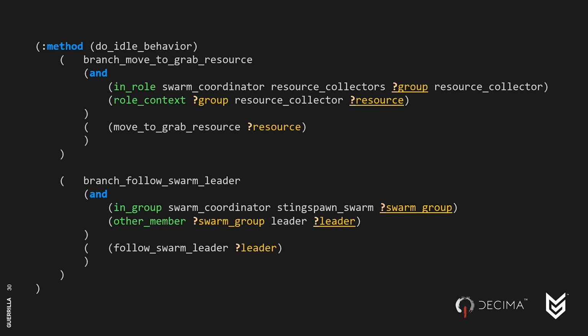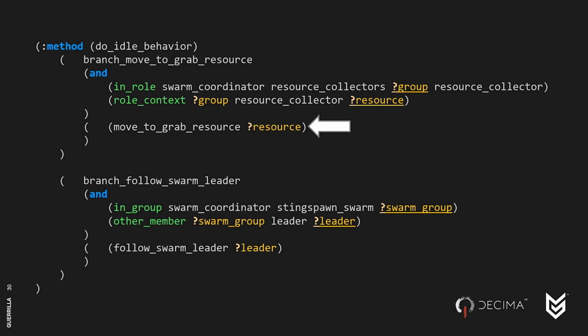On the top branch, we see our facts that we saw before, our role, which is a resource collector, and we can get the resource from the world state as well, and then pass it along to this method. Now, if a method fails to decompose, as we say, if it fails to break down into smaller tasks, we can backtrack here, and we can try the other branch instead, so still follow the leader.